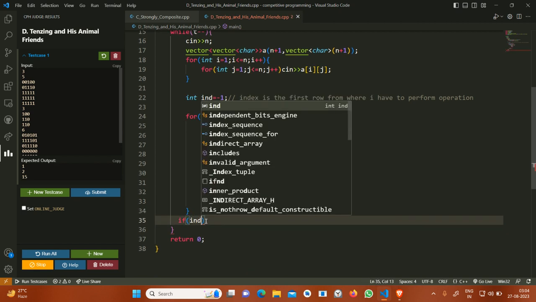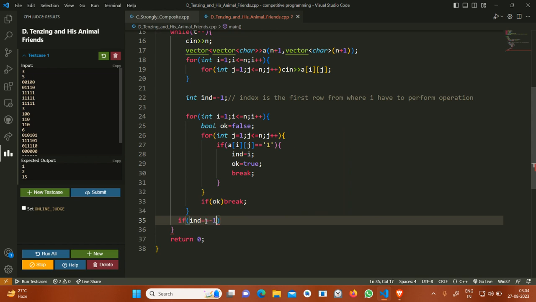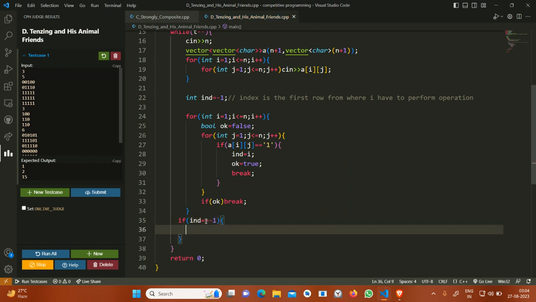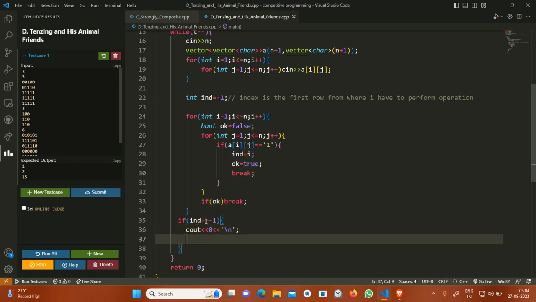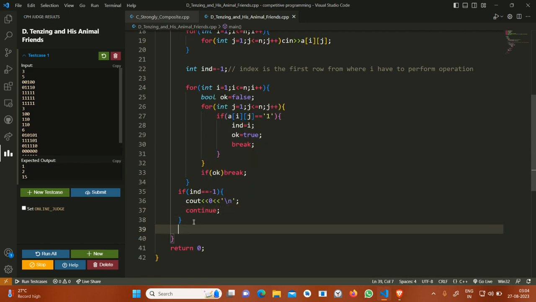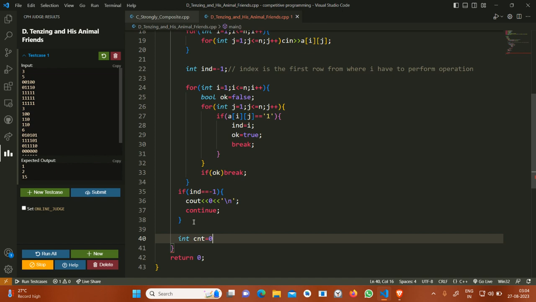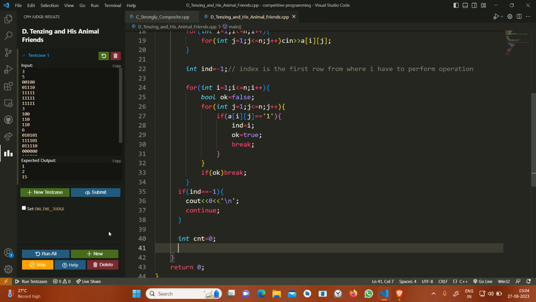Now if index is equal to -1, what does it indicate? I have not got any one in the matrix. So in that case I would just print 0 and continue. Now I would keep a count variable for storing my answer.